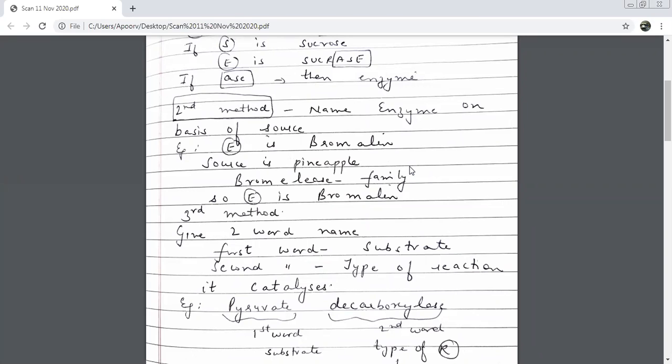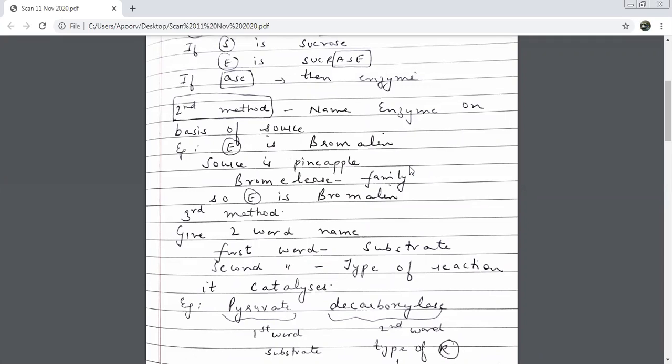Can you think of a drawback of the third system? Can anybody think of any drawback of the third system? It might be too long. One is, no doubt, it is too long.